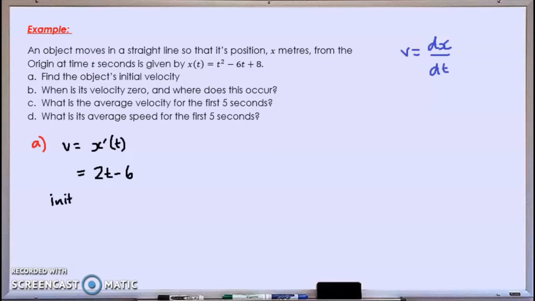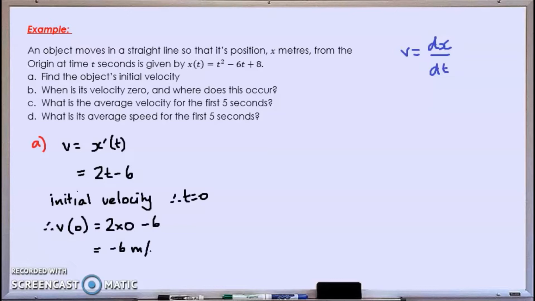So I'm going to write that explicitly. And therefore, my initial velocity, v at time 0, equals 2 times 0 minus 6, which will be negative 6 meters per second. And that's the first question answered.